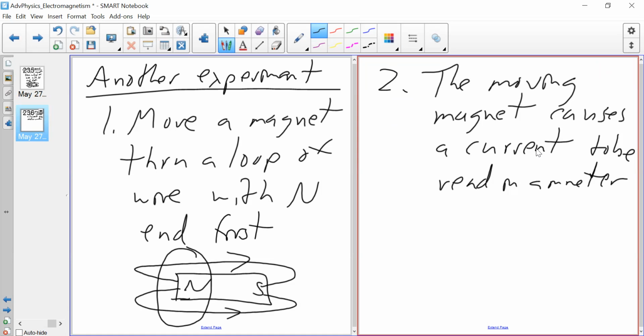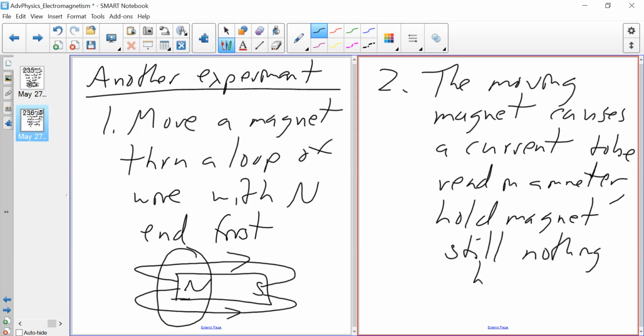So, if I hold the magnet still, nothing happens. If I move the magnet away, the current is opposite sign.